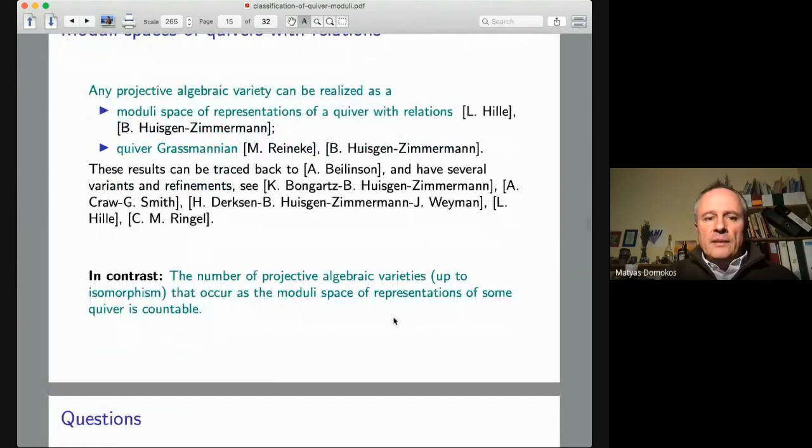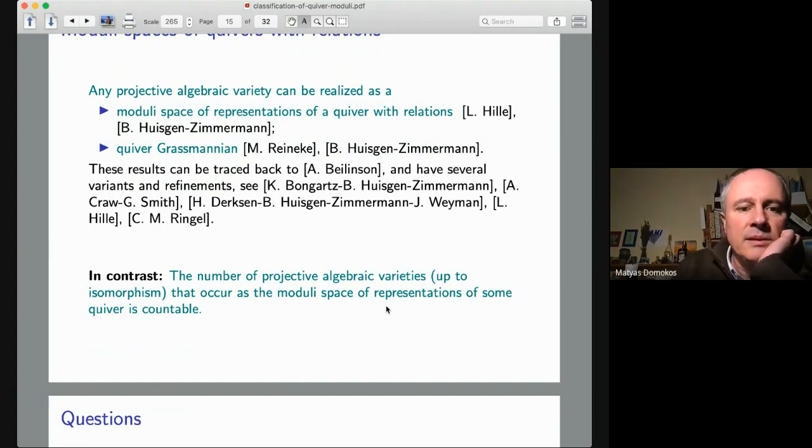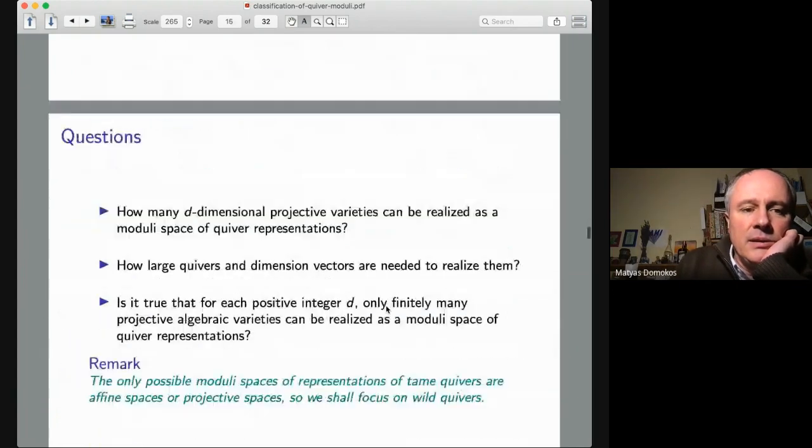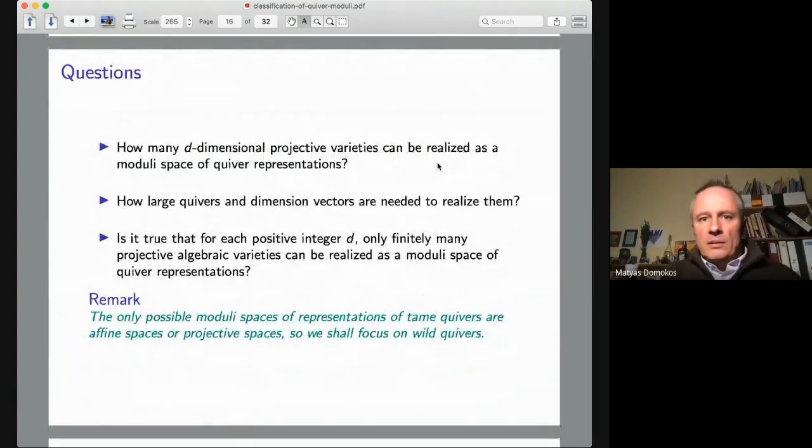On the other hand, it's quite easy to see that the number of projective algebraic varieties up to isomorphism that occur as a moduli space of representations of some quiver is countable. So this leads to questions about possible classifications.